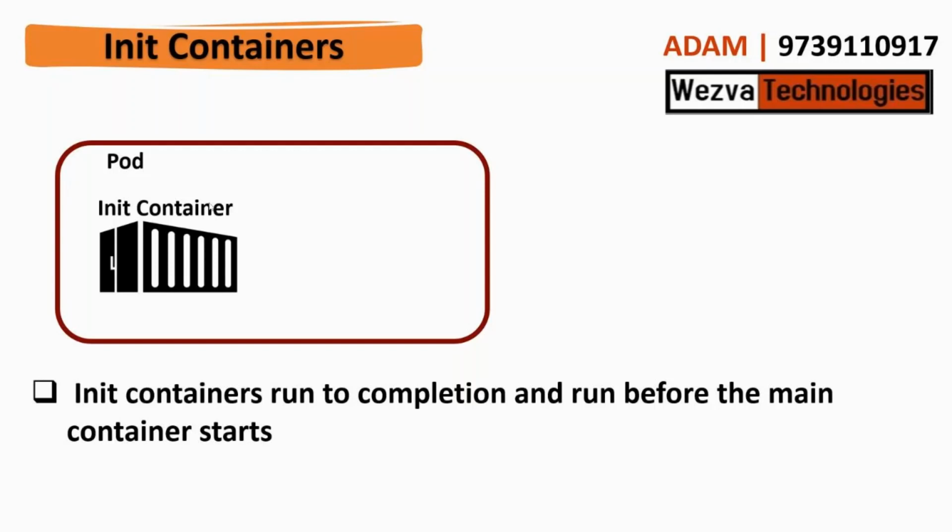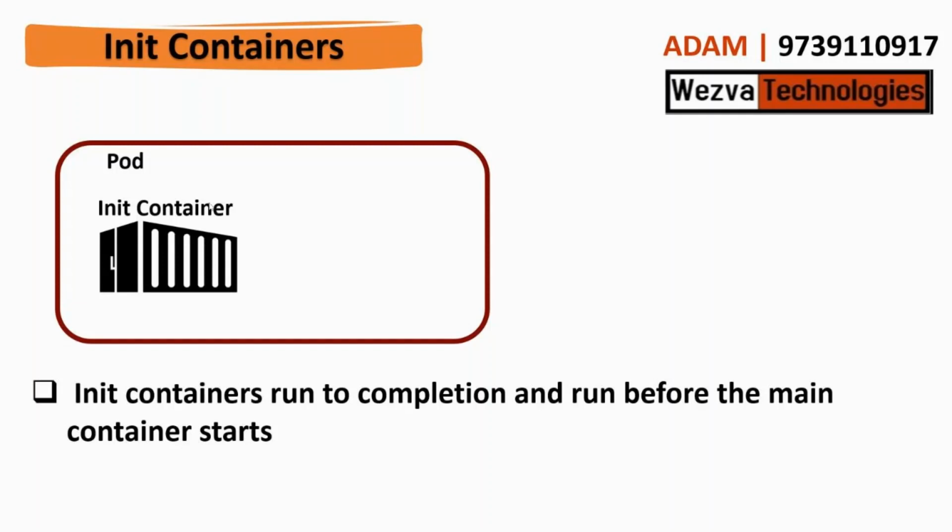So this way, you can use this container to connect to another microservice, or connect to a database, or connect to a URL and get the details, or simply do a git clone and get whatever necessary files or data that you want. So this is how init containers are the first containers which will run inside your pod.